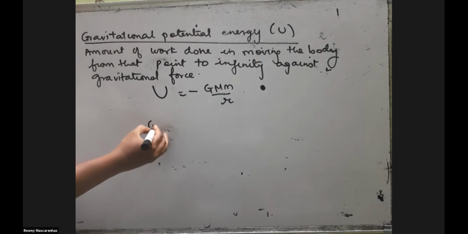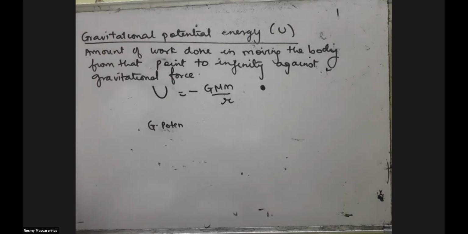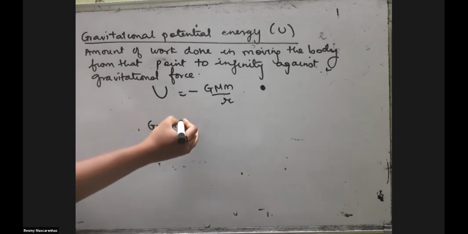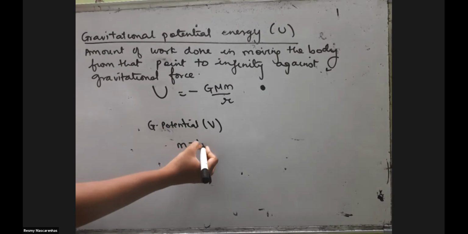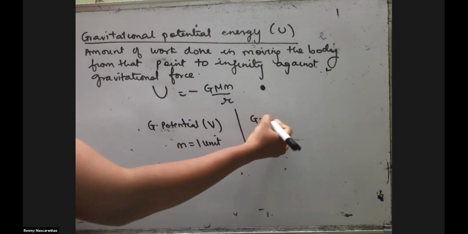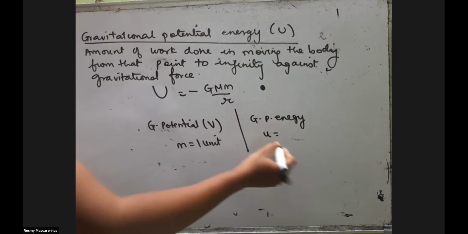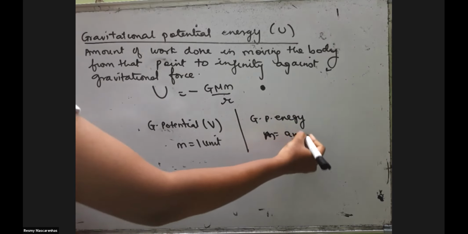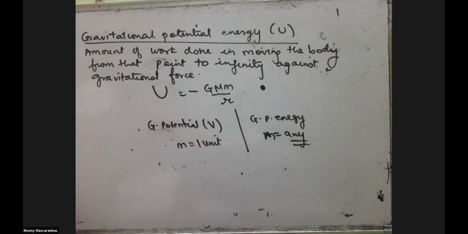So for gravitational potential, your mass is 1 unit, and for gravitational potential energy, mass could be any. Here it is fixed at 1 unit. That's the only difference between potential and potential energy.